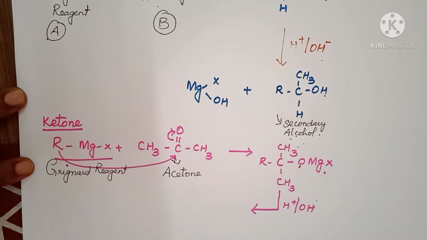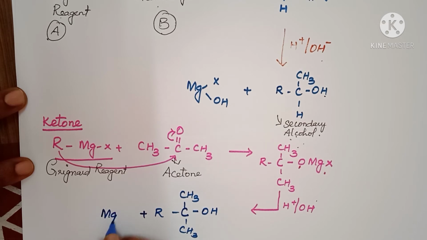So what product are you going to receive? Carbon, here CH3, here CH3, here OH, and here Mg, X, OH. So CH3 on both sides, CH3, and the last side is COH.